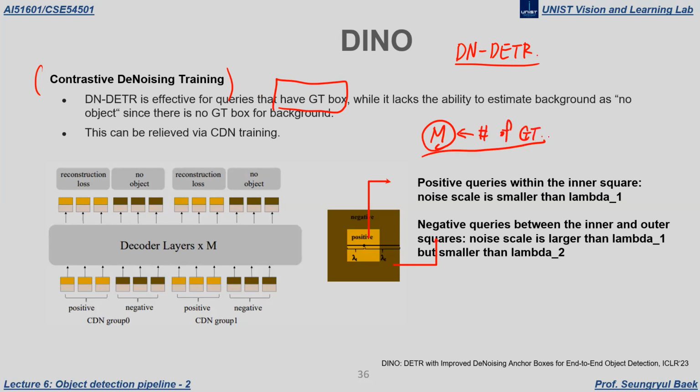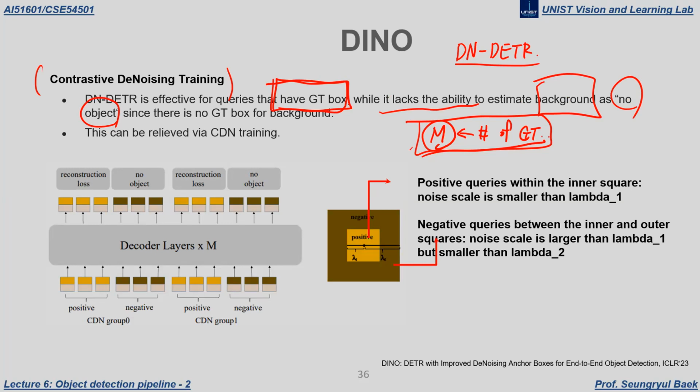Okay, so for positions which have a ground truth object, this denoising is effective, but it lacks the ability to estimate background as no object, since there are no ground truth boxes for the background, and we do not involve this denoising algorithm for background.